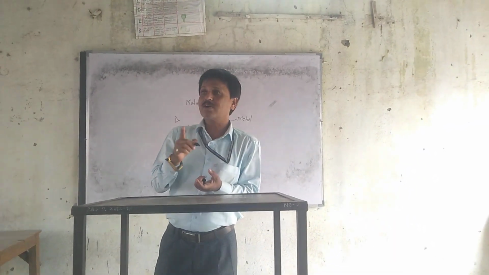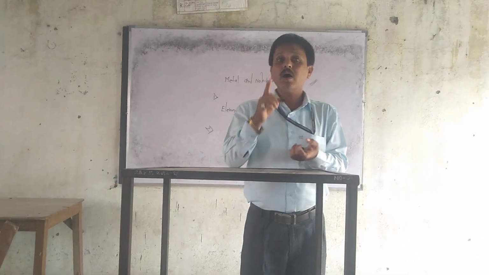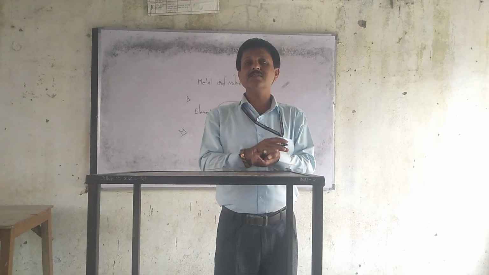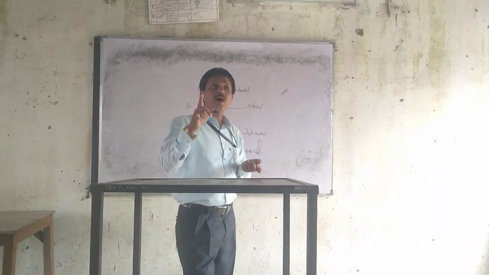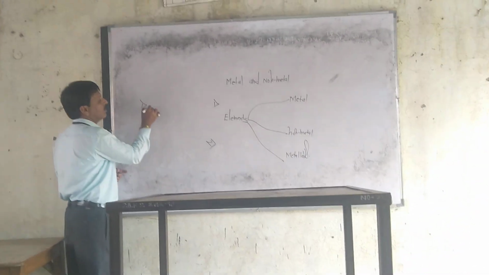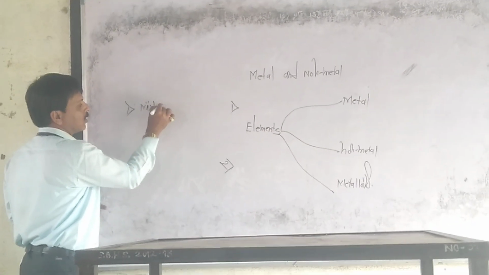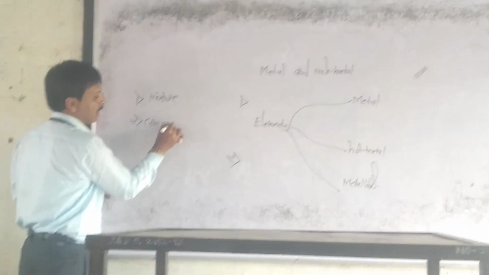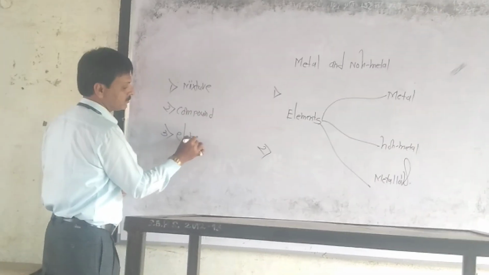When Earth occurred, about 2.5 billion years ago, on Earth there was sand, soil, rocky particles, air, moisture, humidity. That's why on Earth's surface it can be of three types: first, mixture; second, compound; and last, third, element.